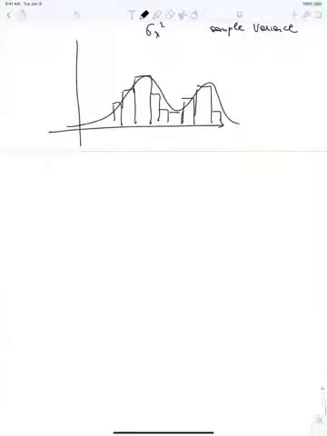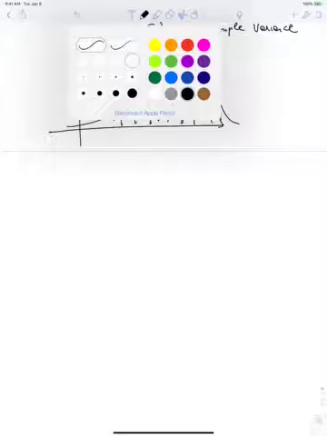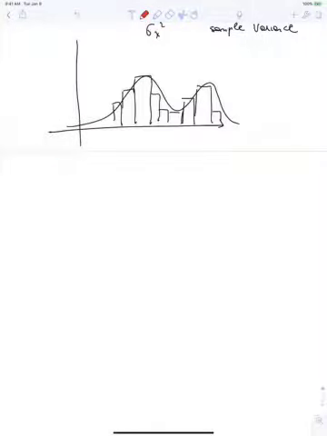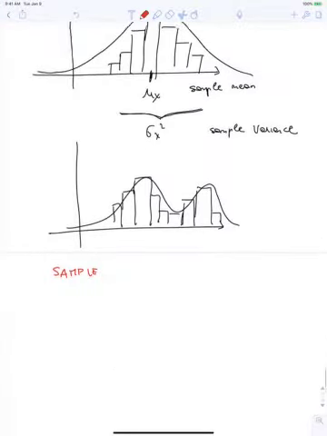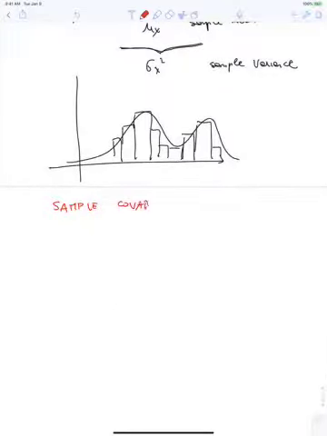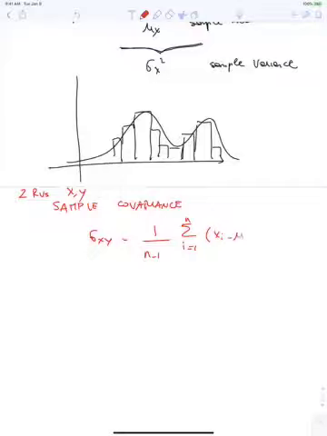Well, if you have two random variables, you can also compute the sample covariance. So it would be sigma xy. So we have two random variables, x and y. Well, this would be 1 divided by n minus 1 times the sum for i that goes from 1 to n of xi minus mu of x times yi minus mu of y.